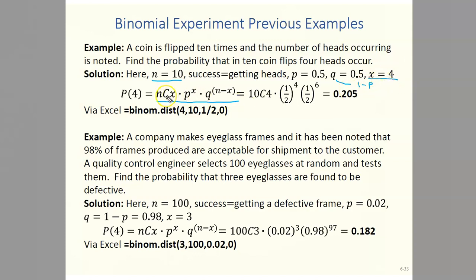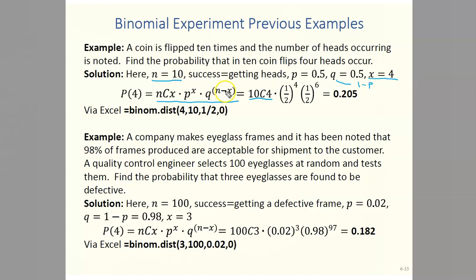So we just plug everything into our formula right here, and we get our answer that we have to evaluate. So we get 10c4 times p to the 4th, 1/2 to the 4th, times q to the 6th, or 1/2 to the 6th power.